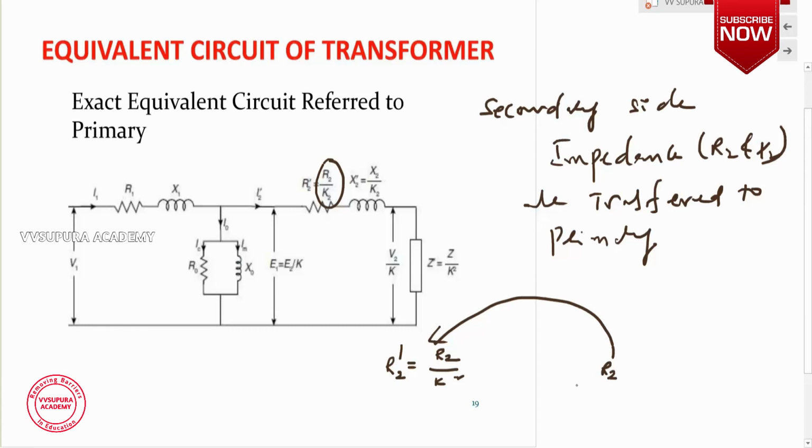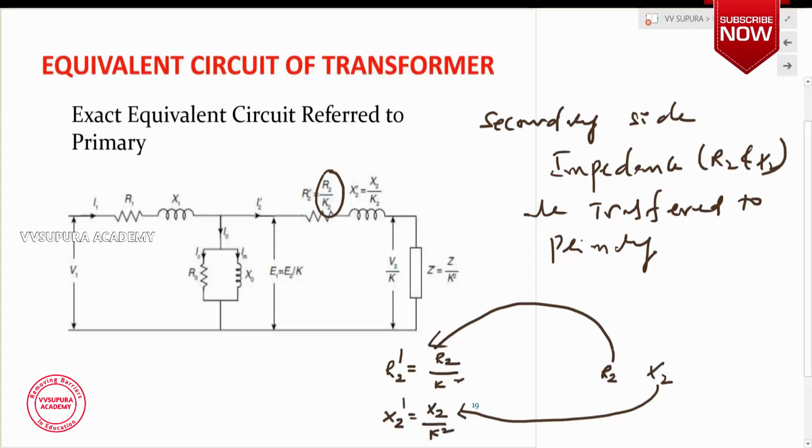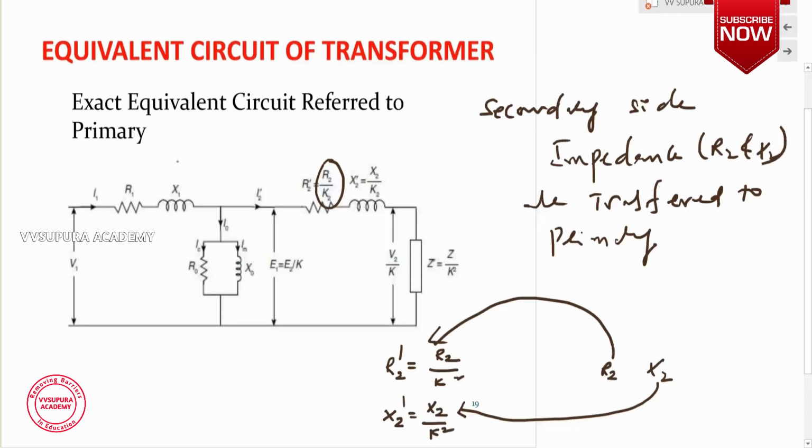In a similar way, when the inductive reactance X2 is transferred from secondary to primary, it is represented as X2 dash, which is X2 by k square. The total resistance referred to the primary is R01, equal to R1 plus R2 dash.